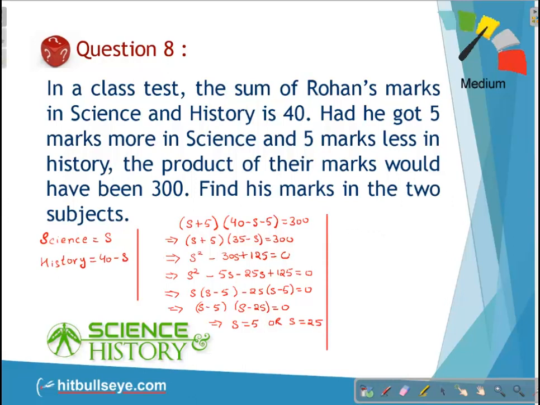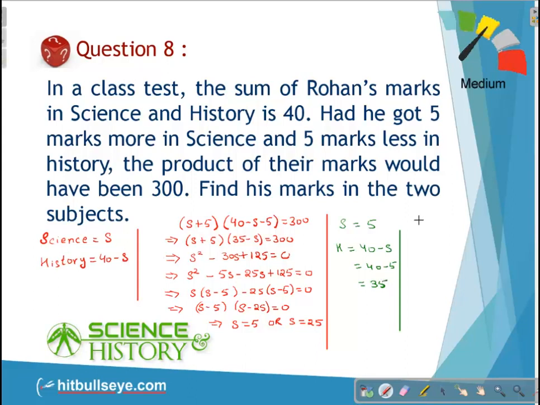How? If we take the marks of history in terms of science, and we assume that value of science is 5, then the marks of history will be 40 minus S, means 40 minus 5 as 35.